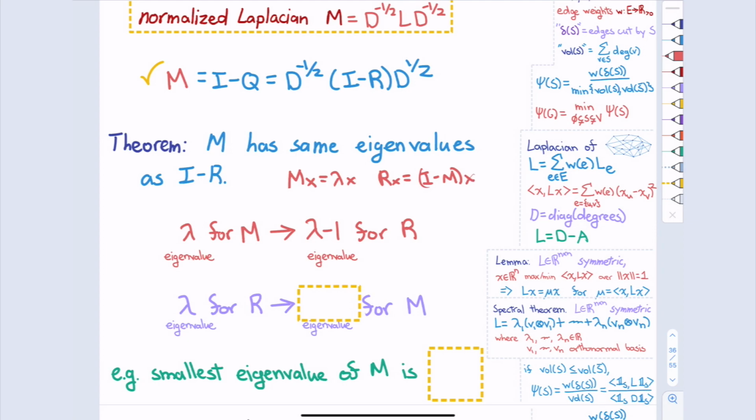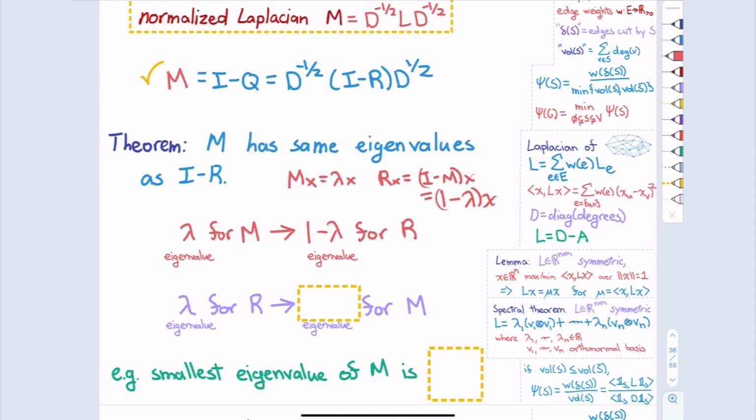Oh no, did I do it backwards? Well, maybe you got it right then. Maybe this should be 1 minus lambda. A sign should flip anyway, right? Because you have m on one side and negative r on the other, so I think it's 1 minus lambda.